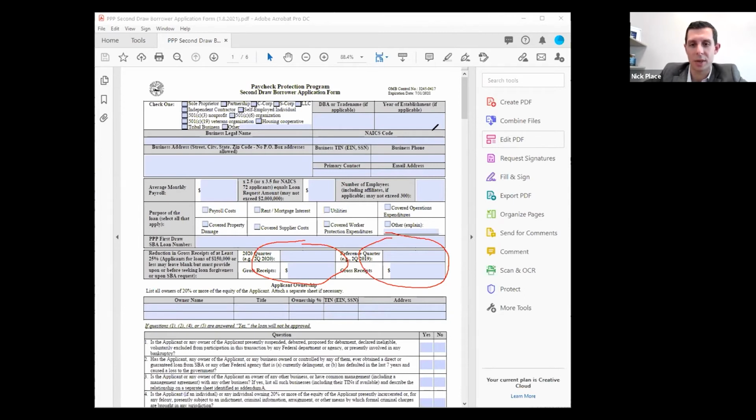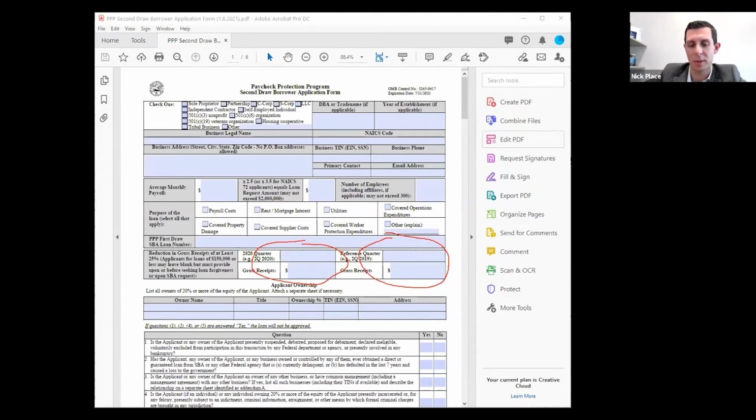If you're using your standard accounting methods in terms of how you track your revenue, compare one quarter in 2019 to a comparable quarter in 2020. I don't think the government's out here to make this super complicated so they can catch a bunch of honest business owners making simple mistakes with pretty complicated tax stuff.